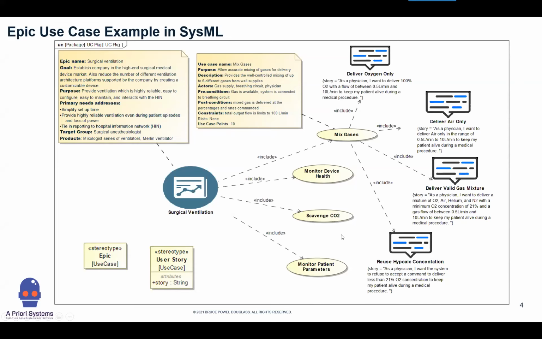We want to scavenge carbon dioxide. We want to monitor patient parameters like SpO2, which is partial pressure of oxygen, non-invasive blood pressure, heart rate, maybe temperature, and other kinds of patient parameters. So surgical ventilation consists of all of these.